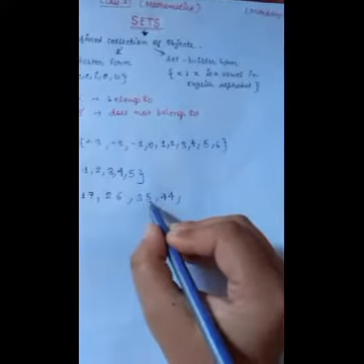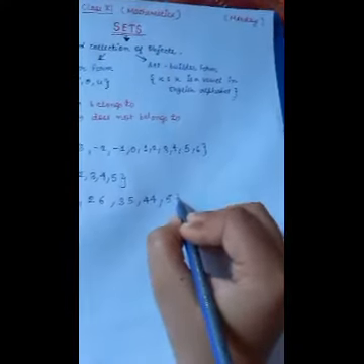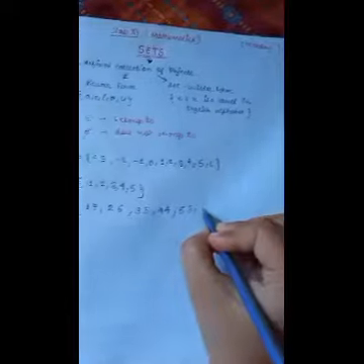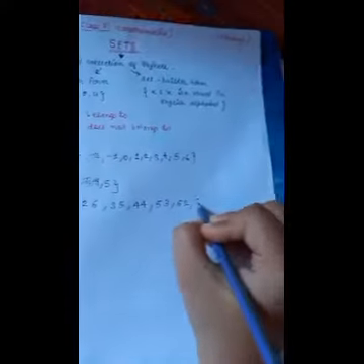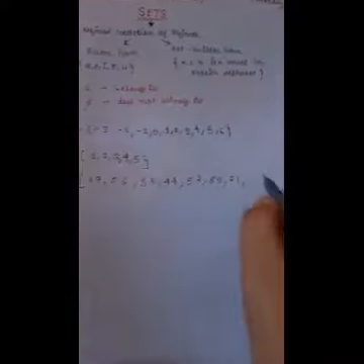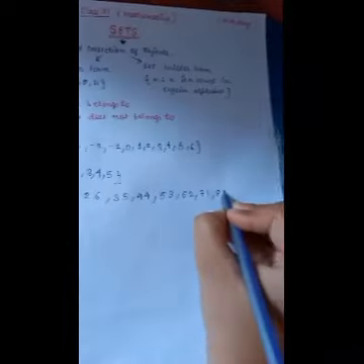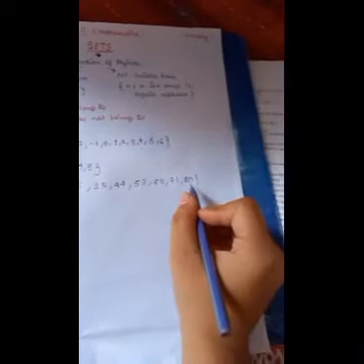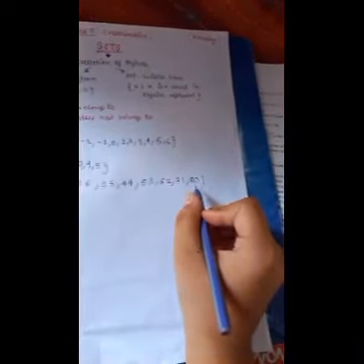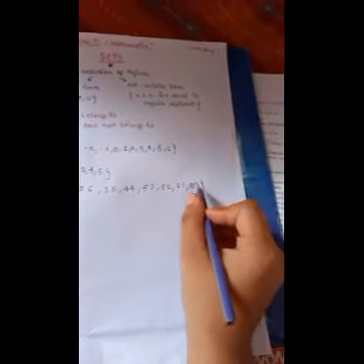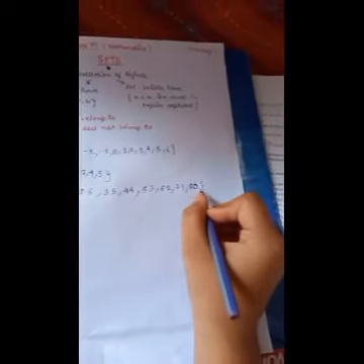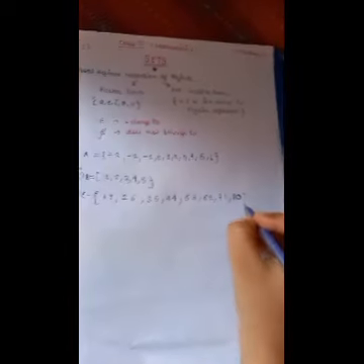Now again we can reverse the digits, like 5 and 3 will also give the sum as 8. 6 and 2 will also give, and 7 and 1 will also give. Now 8 and 0. We cannot take 0 and 8 because 08 will be 8, simply a 1-digit number. So 80 is 80. This is giving the sum as 8 and is also a 2-digit number.